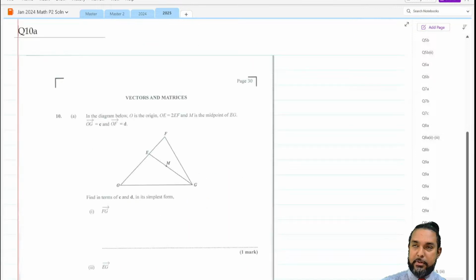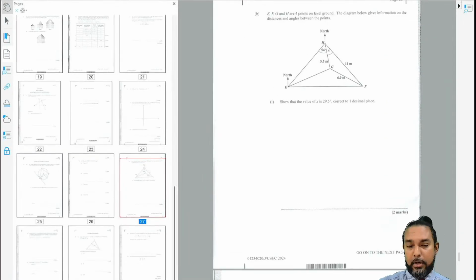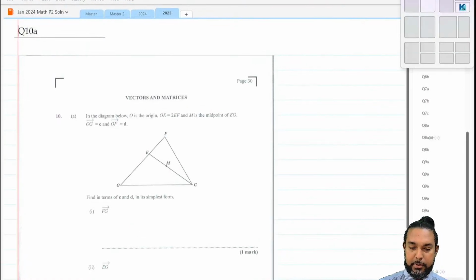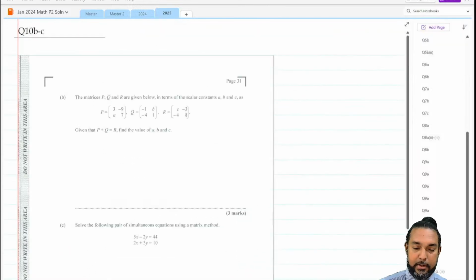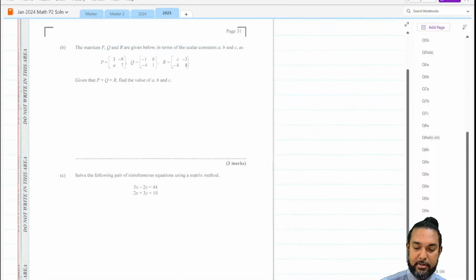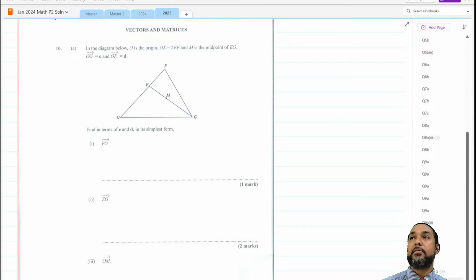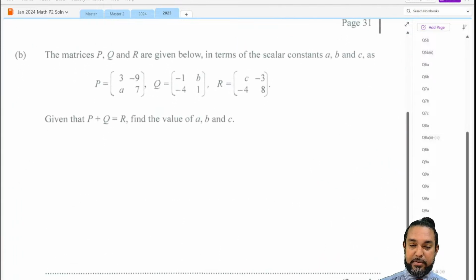All right. On to question 10. Okay. I need to print a question 10 for Khalifa. Give me a second. Okay. Cool. Right. So question 10. The question has vectors in part A, and then part B and C is a matrix. Do you want to start with the vectors or the matrices? Matrices? All right, cool. So let's start with the matrices.